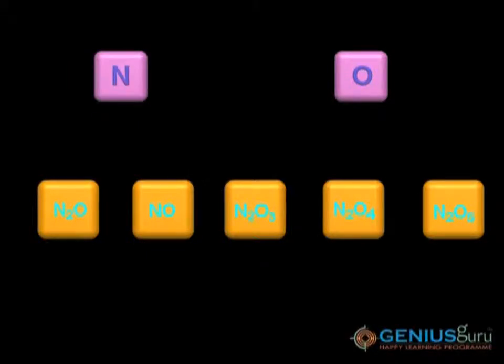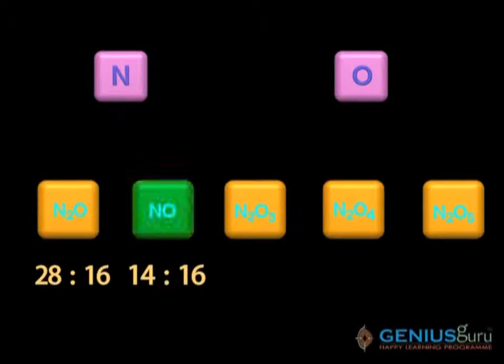This is taken over all the oxides. For the first compound, N2O, the weight of oxygen that reacts with 28 grams of nitrogen is 16. For nitric oxide NO, 14 grams of nitrogen reacts with 16 grams of oxygen, so here we have taken 28 grams of nitrogen, and the amount of oxygen that reacts is 32.